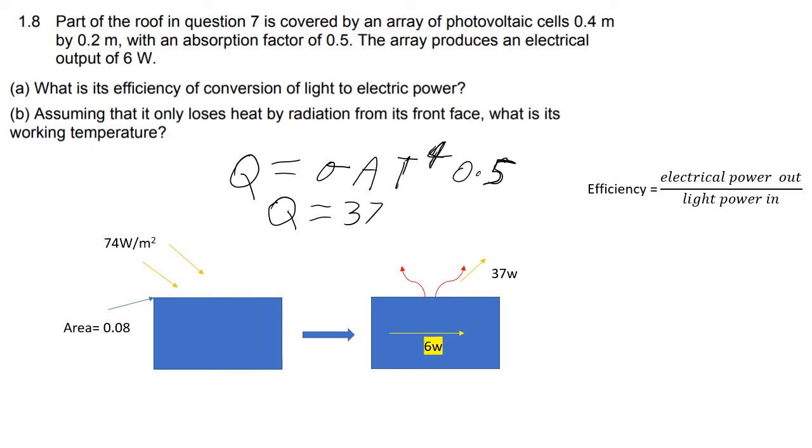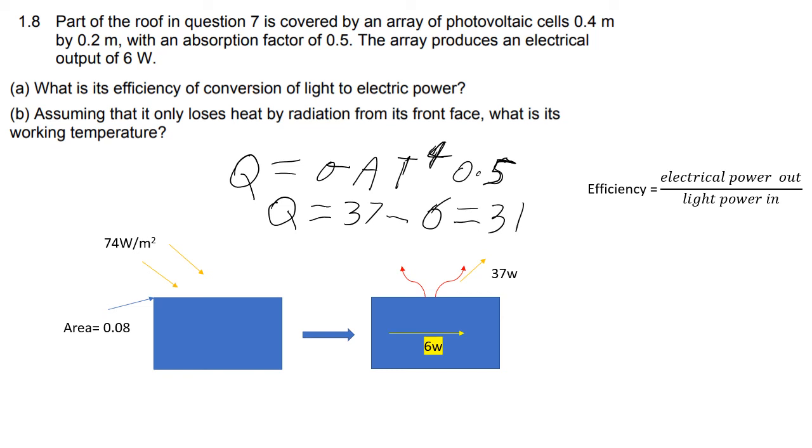Hopefully you can see as well that this Q being equal to 37 lines up with us having 37 watts of energy going into the device, and we have 0.5 here as a multiplier. Either way, because some of it gets converted to electrical energy, we actually say 37 minus 6, so that's 31.